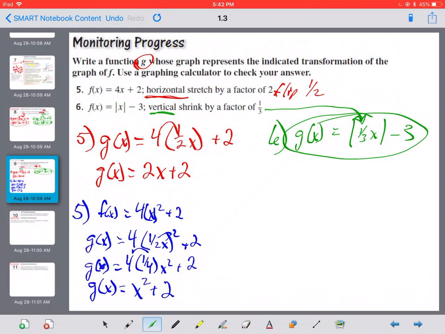Pretty easy to do. Now you could go on to simplify this, because you could say g of x equals the absolute value of 1/3 times the absolute value of x minus 3. And the absolute value of 1/3 is 1/3.